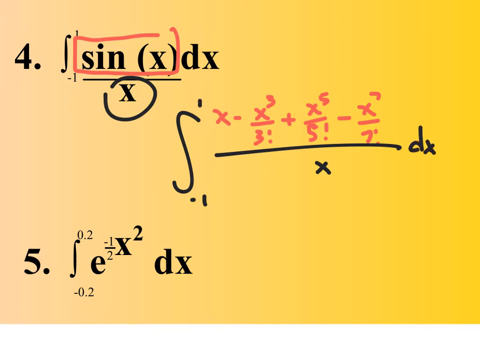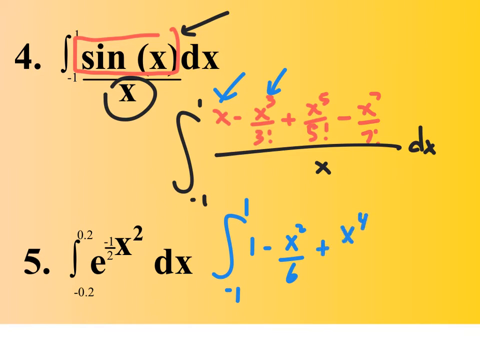dx. Okay, so the advantage of Maclaurin and Taylor is I can put everything into polynomial form, which makes integrating so much easier. So the integral from -1 to 1 of 1 minus x squared over 6, right, that's what that would become. Then I'd have x to the 4th over 120. I'm not going to do the next term, I already see it getting messy.